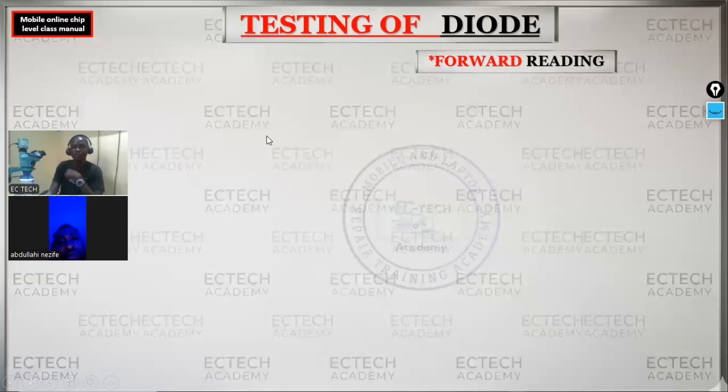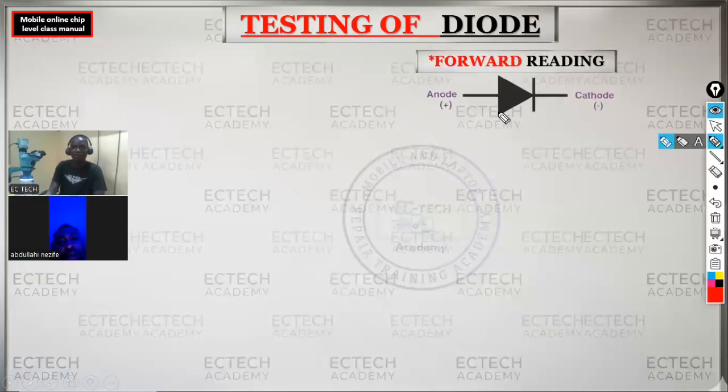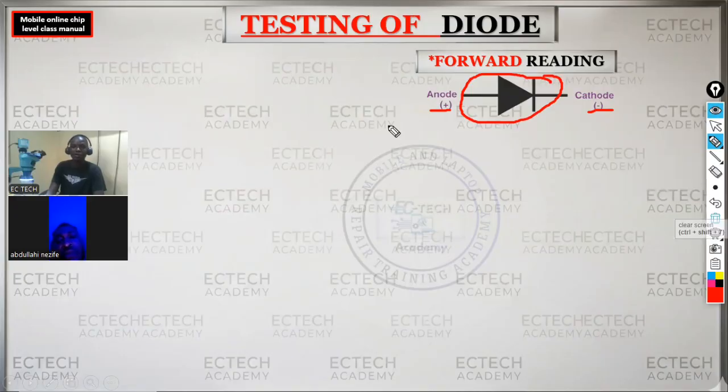Now, to carry out the testing of a diode in forward reading, this is a diode. A diode has two terminals: the anode, which is positive, and the cathode, which is negative. This is the symbol of a diode on schematics. When we get to basic schematics reading, we will know the working principle, but let me just brief about it.